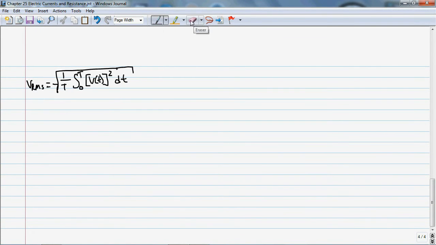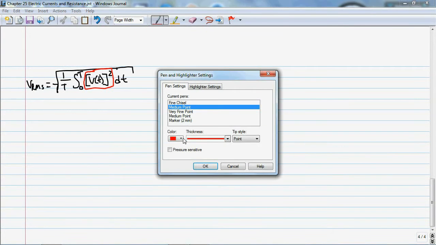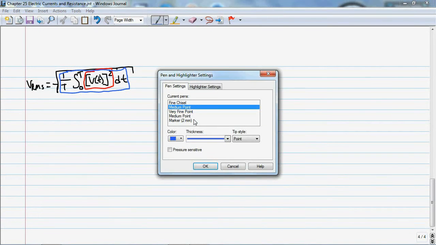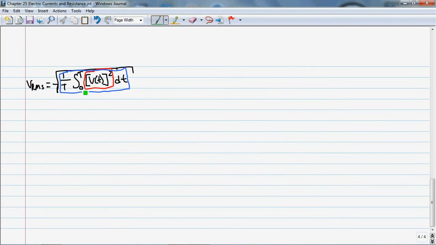So if you look at this, there's my square. This is my average or my mean. And this is my root.